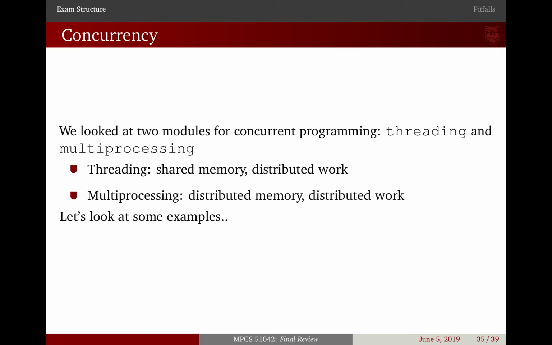Okay, so then concurrency. We looked at a couple different modules for concurrent programming, one threading and one multiprocessing. In threading, remember we have shared memory but distributed work. And in multiprocessing, we get distributed memory and distributed work.